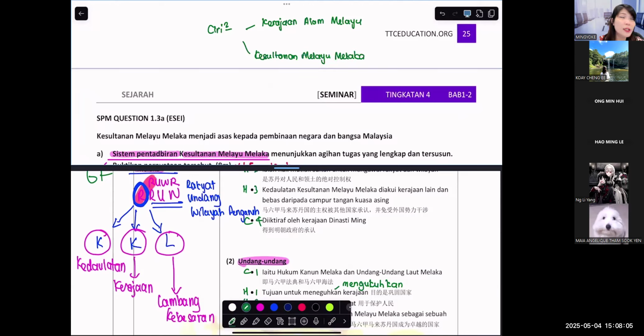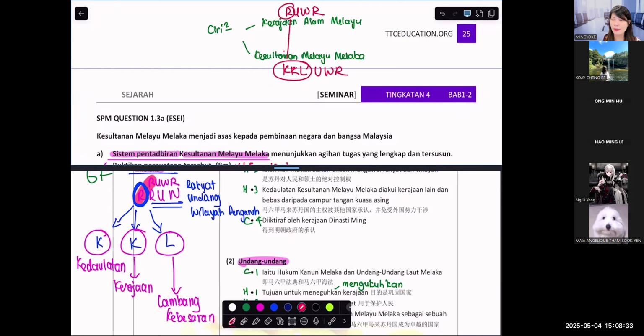There are students who actually do too fast. They accidentally thought Kerajaan Alam Melayu is Kesultanan Melayu. They saw it wrongly and they write the wrong answer. They mix it up. This is KAM, this is KMM, or correct?